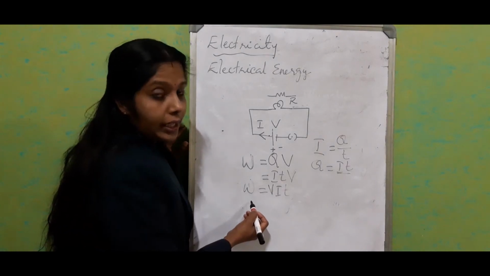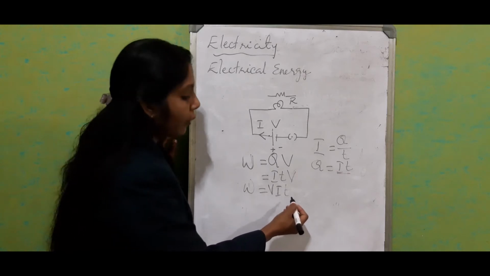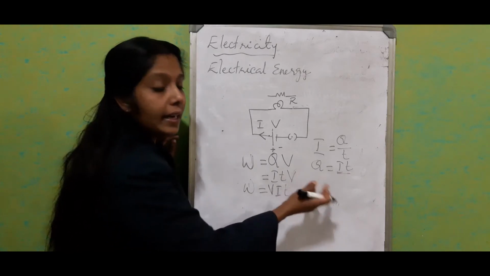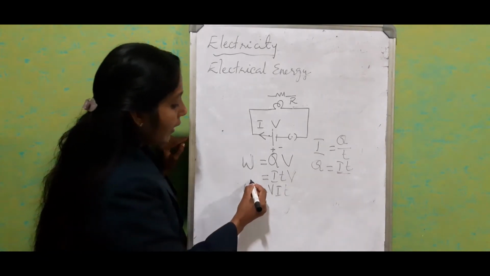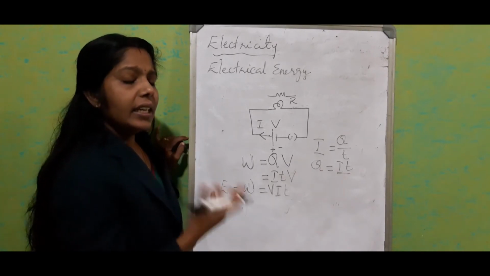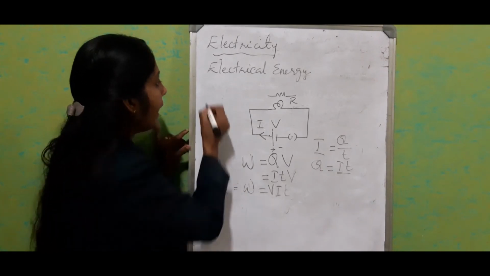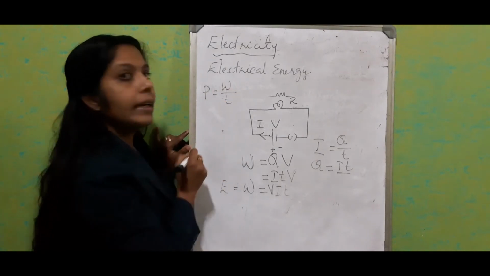So this is our electrical energy. Electrical energy is provided by a current flowing for time T when it is under a potential difference of V. We can write it as E, electrical energy. Now what is power? We studied that power is equal to work done by time.